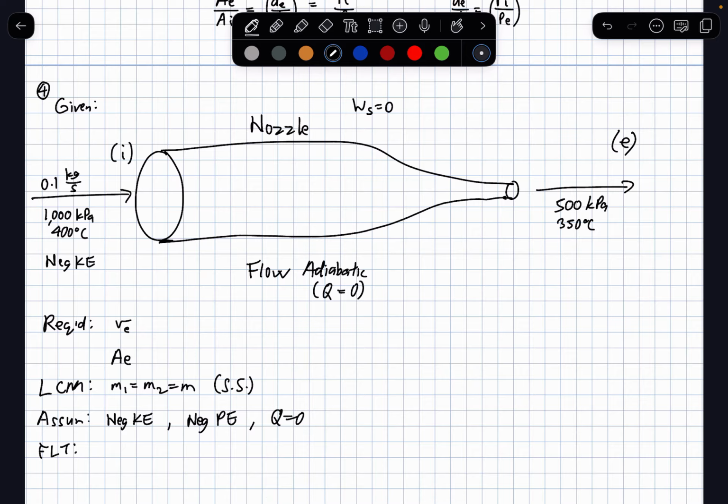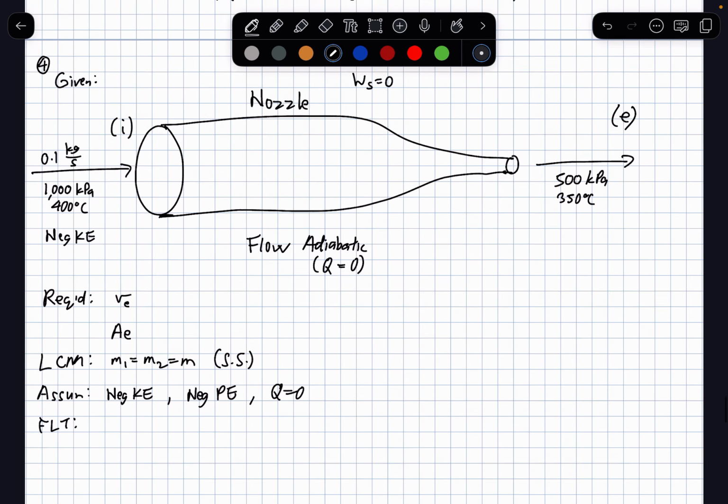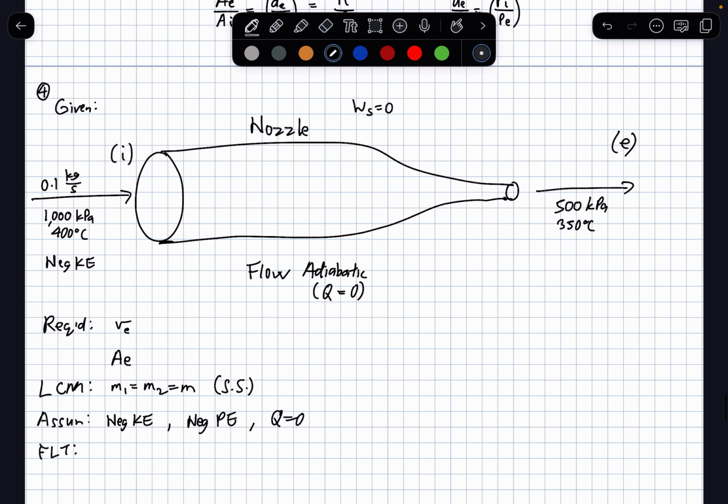I can't remember the formula. Never mind, I'm not sure how this formula applies. Anyways, this is a nozzle. No shaft work. This is an open system. This nozzle is a thermodynamic device.